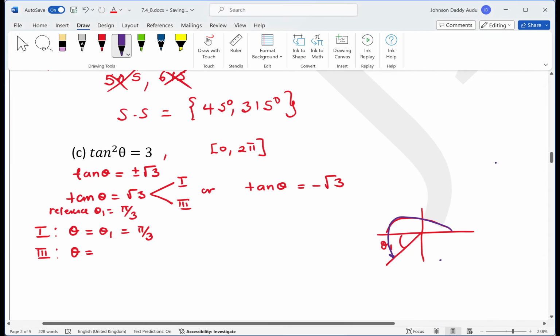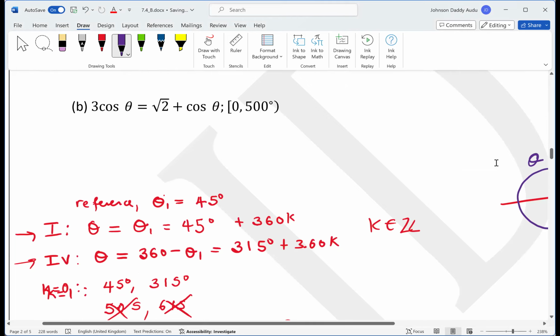So the whole of theta has to be 180 plus theta 1.